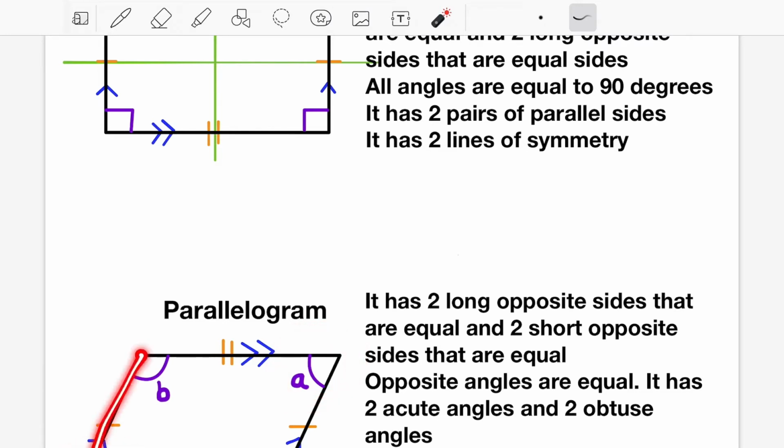So the parallelogram is kind of like a shifted rectangle. The opposite sides are equal in length, not just parallel but also equal in length. And there are 0 lines of symmetry.